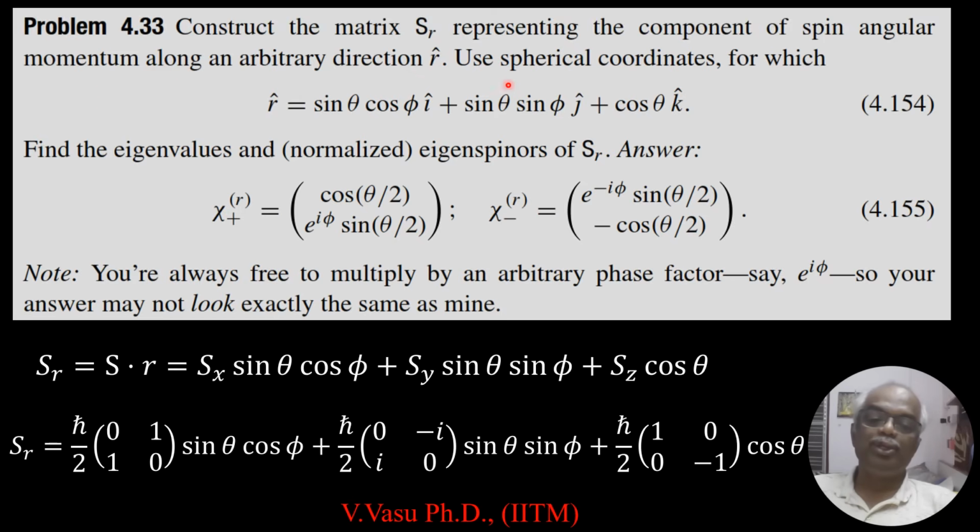Use spherical coordinates for which r̂ is equal to sin θ cos φ î, that is along the x direction, sin θ sin φ ĵ along the y direction, plus cos θ k̂ along the z direction. Find the eigenvalues and normalized eigenspinors of S_r.